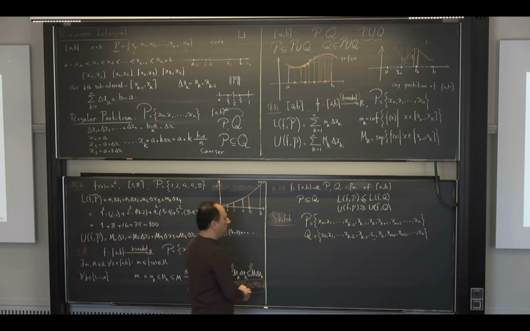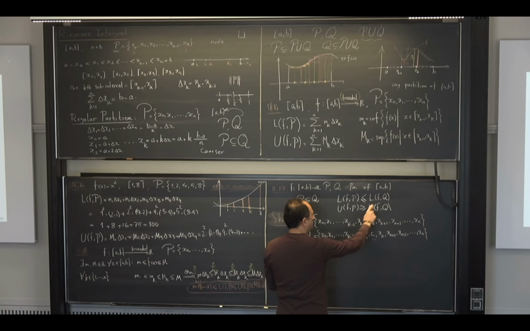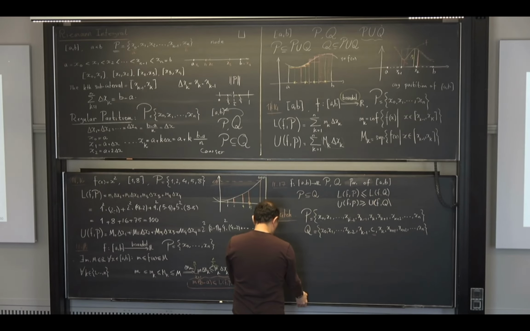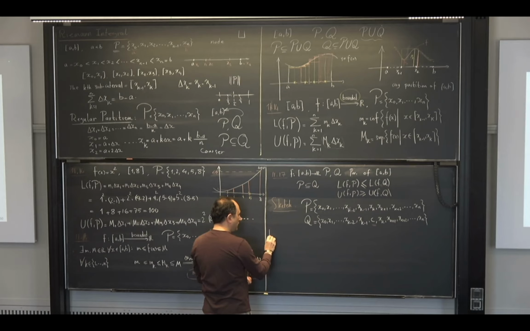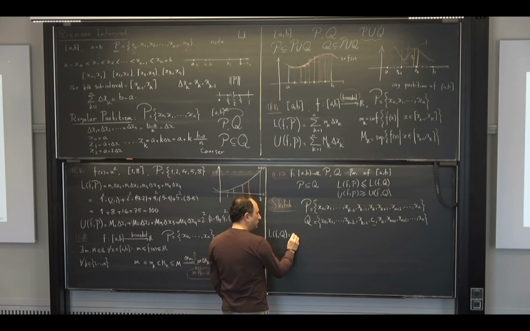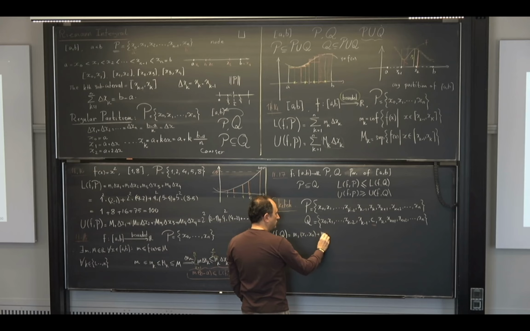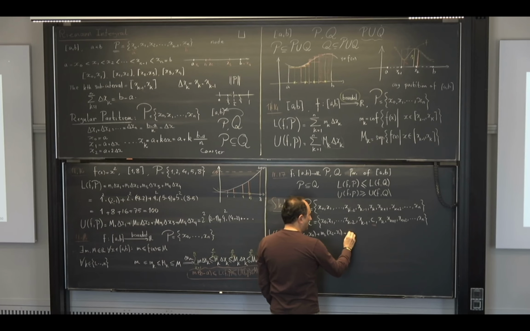Okay, and now let us calculate this one, and I want your help. If I want to write the correct formula for L(f, Q), what do you write? You write m0, you write m1 Δx1, which is x1 minus x0, yes? And then you write m2 times (x2 minus x1). And then you continue, for example, here, this is m, which number is that?